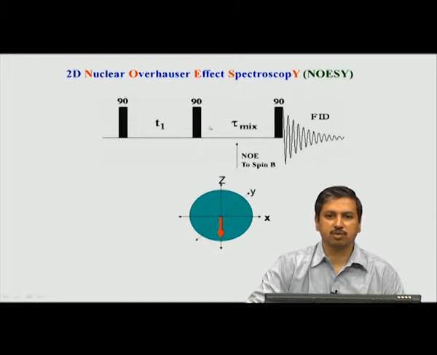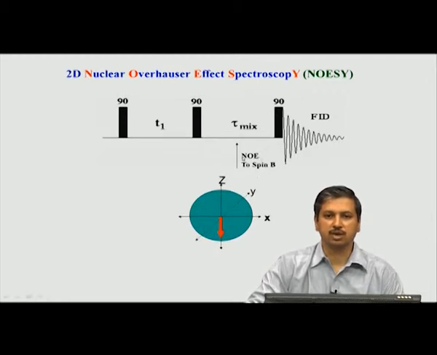So, this is basically the idea, that you allow a certain duration during which the spins mix with each other. And when we do that, after some time the magnetization has come to B, that is, minus z of one spin A has gone to a little bit of minus z of another spin B.